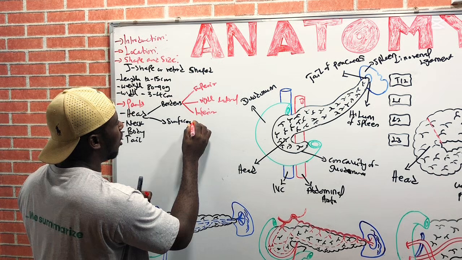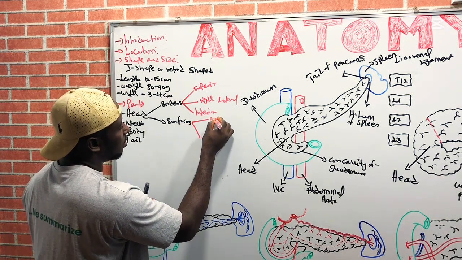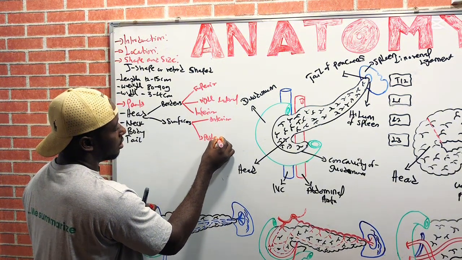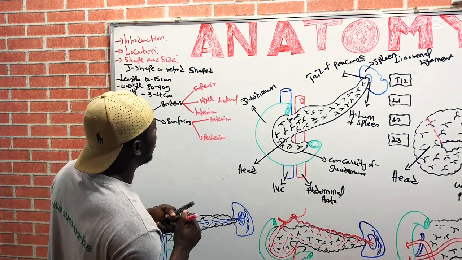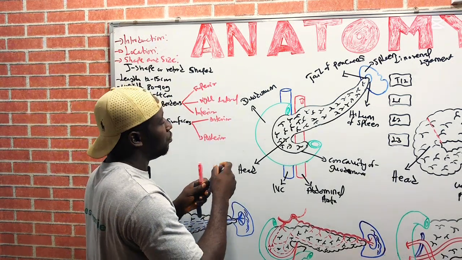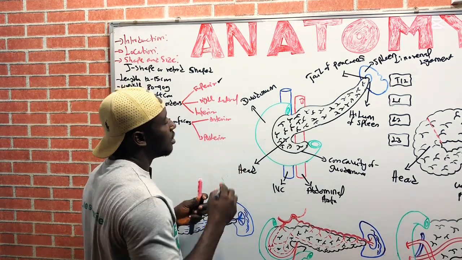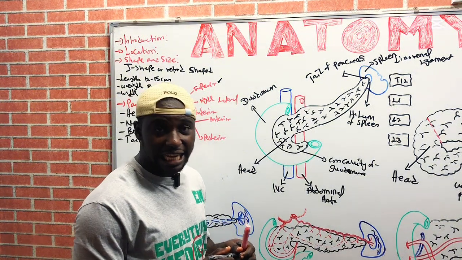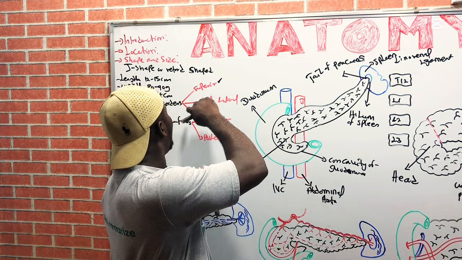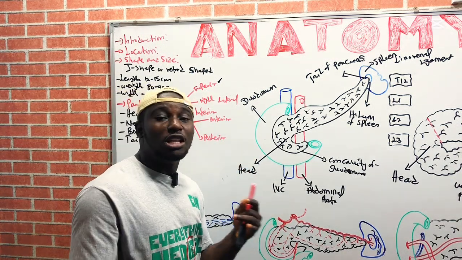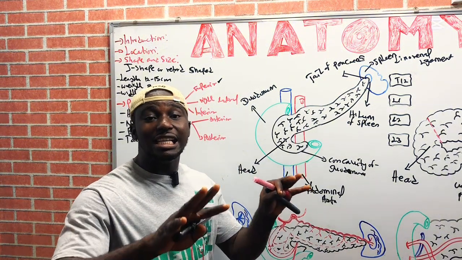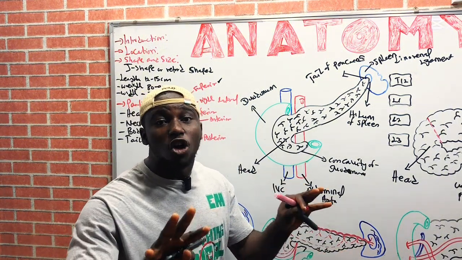On the area of the surfaces, we have the anterior surface and posterior surface. We shall be discussing these borders and surfaces according to the structures they relate to. That is what the external features are all about.